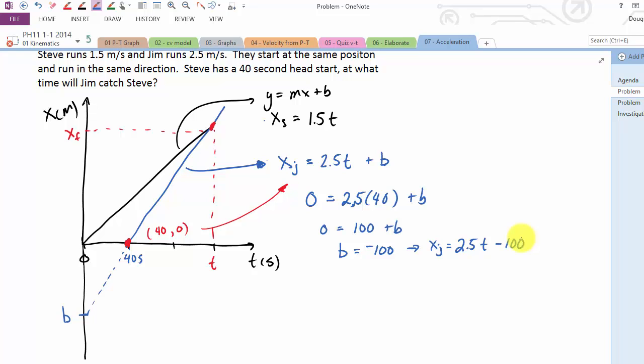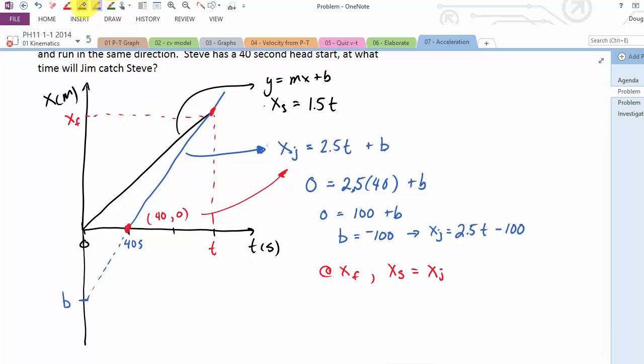The final thing we need to do is figure out where they meet, which is at the same position, xf. At xf, x of Steve equals x of Jim.